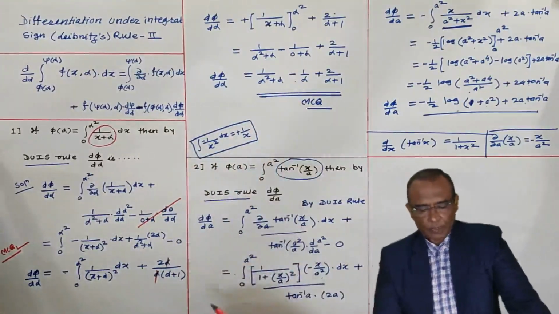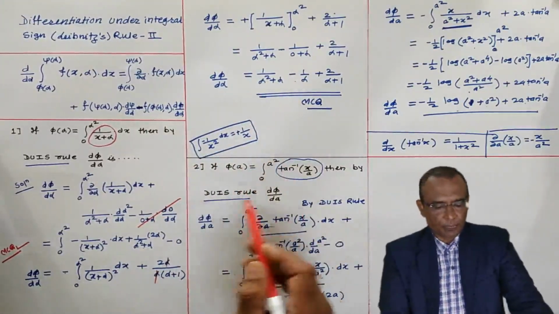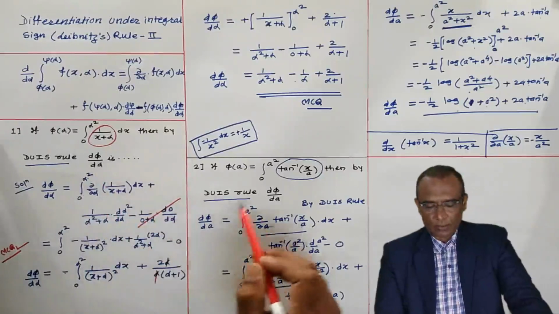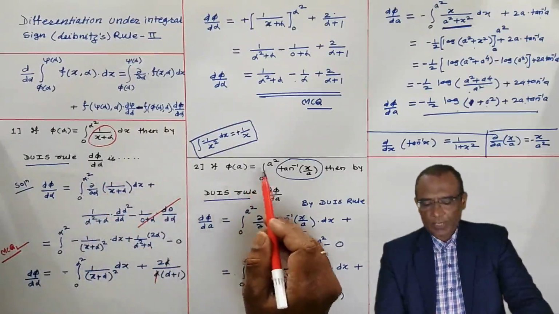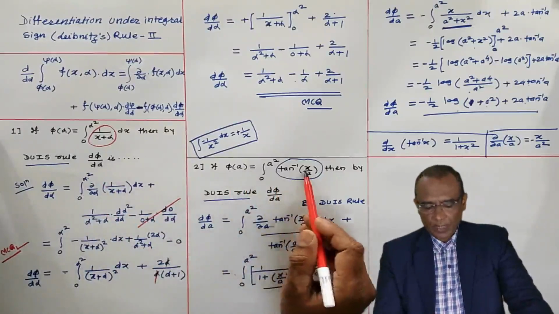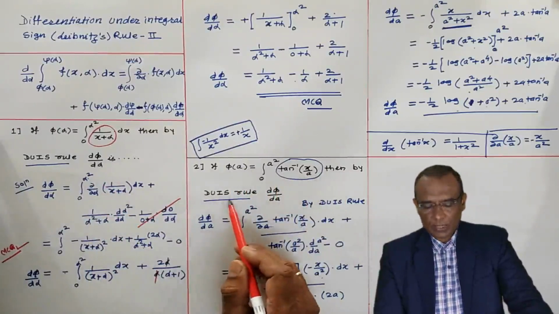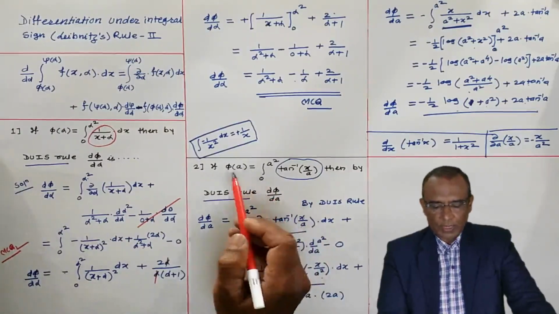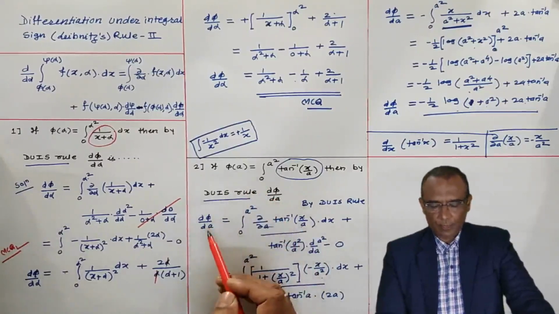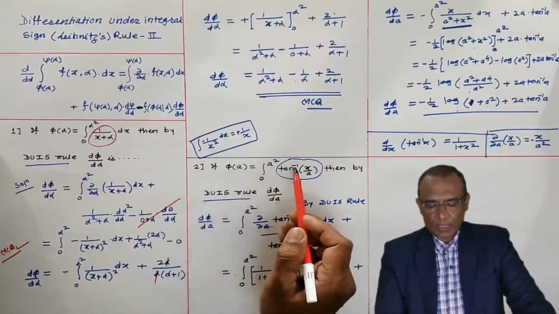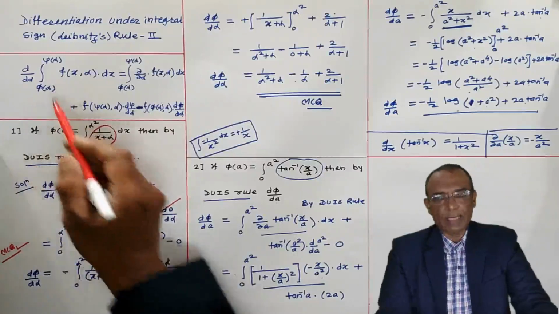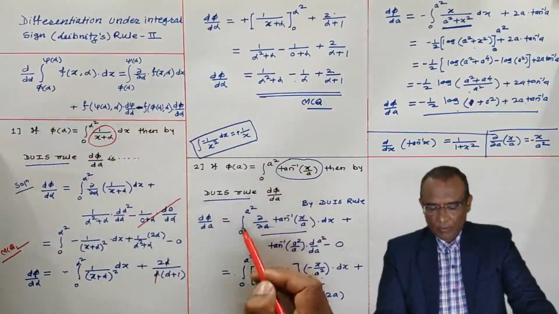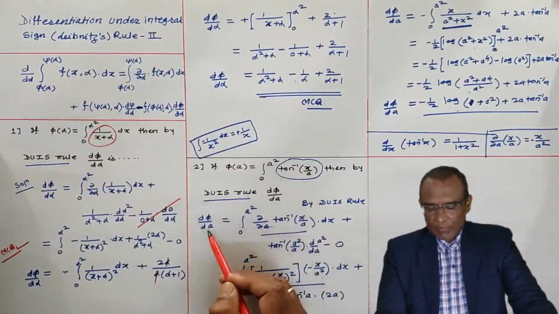Second problem. Now here the parameter is a. Earlier the parameter was alpha. Phi of a is the right hand side. Then by differentiation under integral sign rule, I want d phi by da. Take the derivative of phi, and take the derivative of the right hand side. Using this rule, directly I am writing: the integral of this, d by da, will come inside.